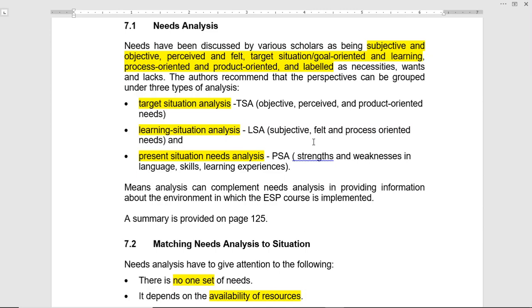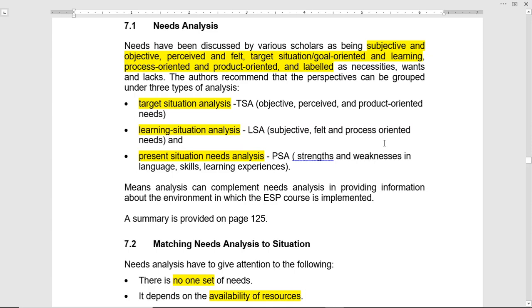Then learning situation analysis is, as news editors, what is their current level of English knowledge, and in the learning situation, what are their needs? That is subjective, felt and process oriented needs. In the process you find that they have different needs.